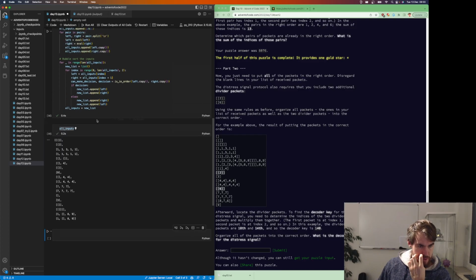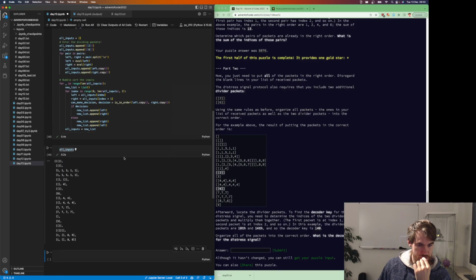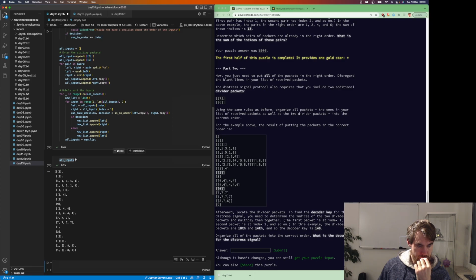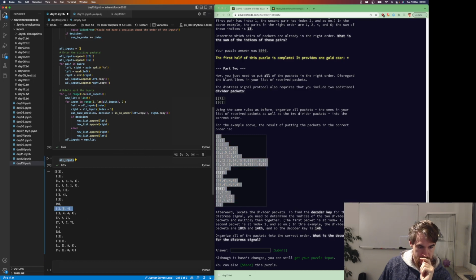What is happening with my inputs that I do change them somehow? Because I wouldn't be very concerned if it wasn't for the fact that my dividing packet is gone. And you can clearly see that some packets have been modified here.